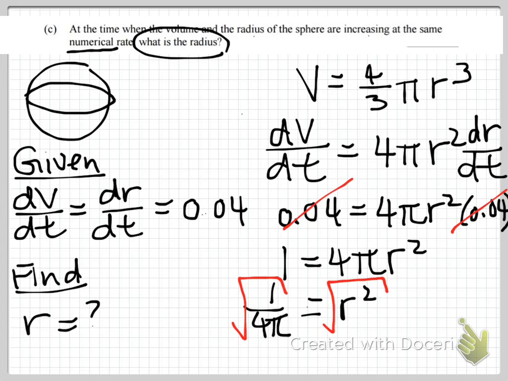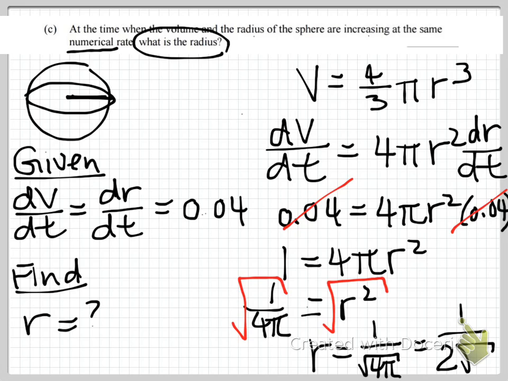But since r is a real distance on the sphere, I don't have to worry about my negative answer. So my answer looks like it's going to be r equals 1 over the square root of 4 pi, which I'm going to simplify as 1 over 2 square root pi.